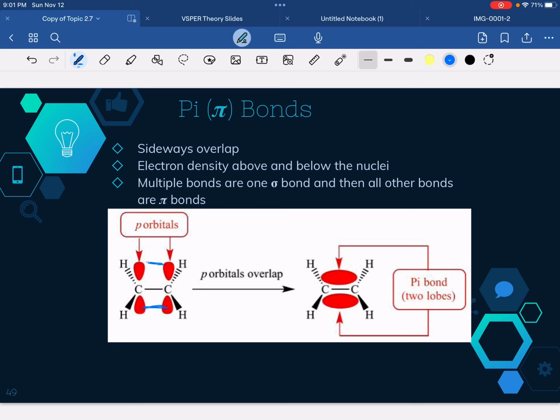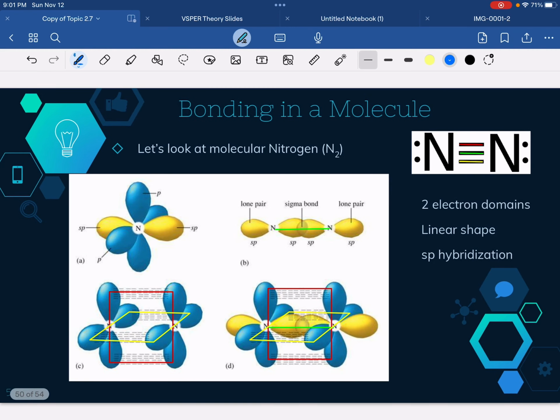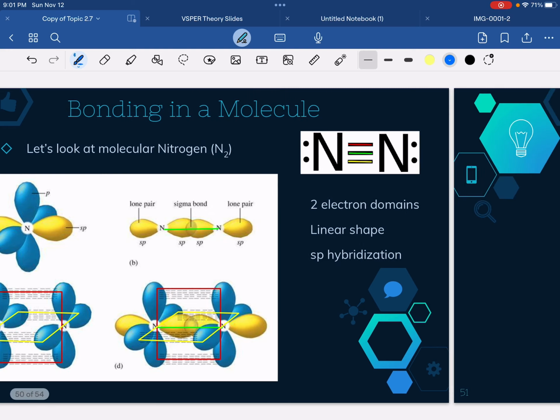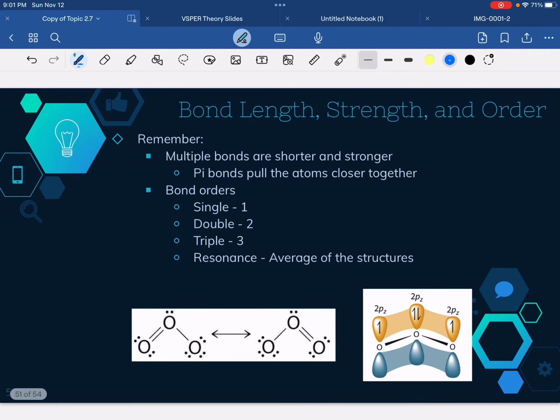Multiple bonds have 1 sigma and then 1 pi, or 2 pi if it is a triple bond. So if we look at molecular nitrogen, we know it has a triple bond. So it has 1 sigma bond and 2 pi bonds. We know that our multiple bonds are stronger and shorter than our single bonds. Okay, and that resonance is an average.